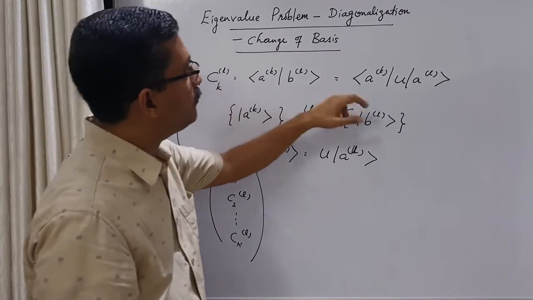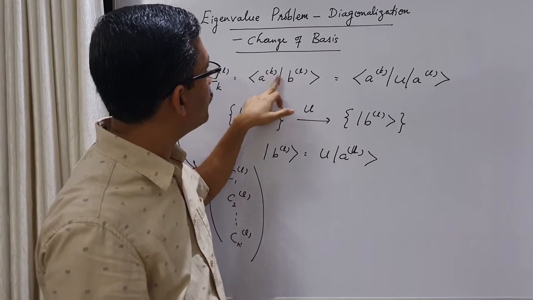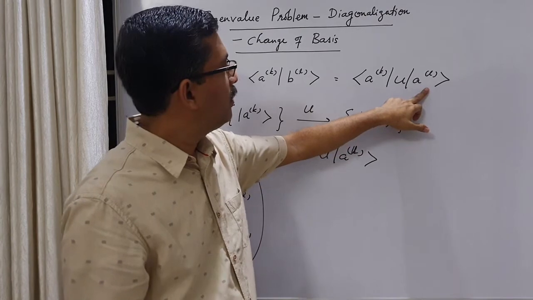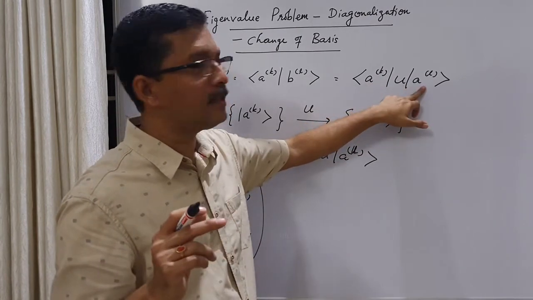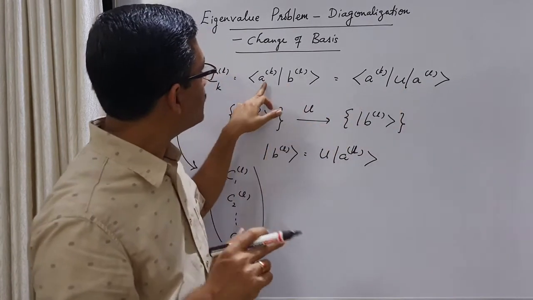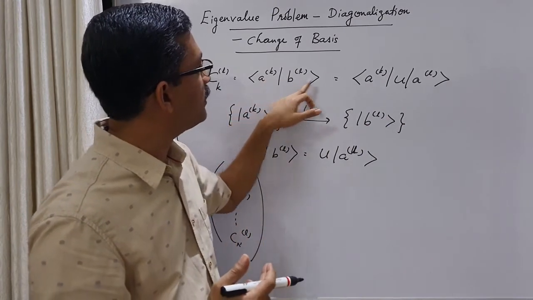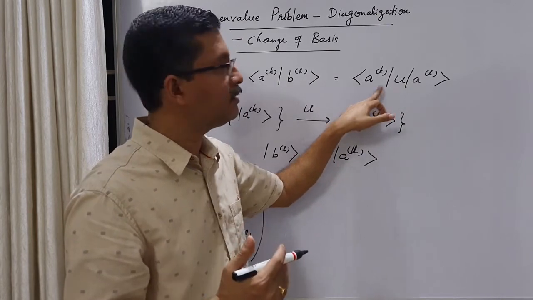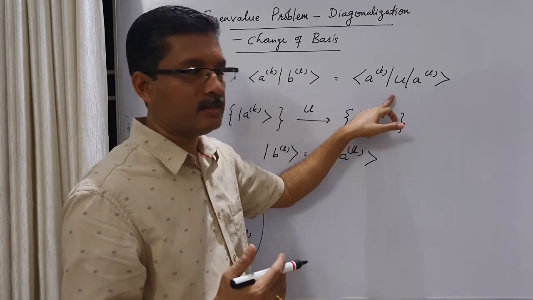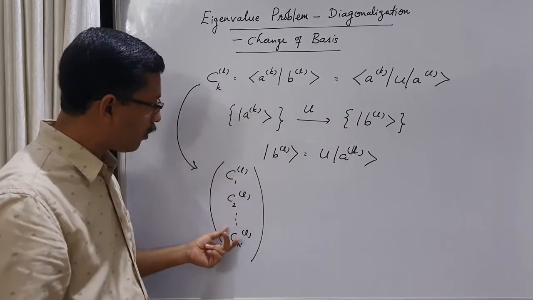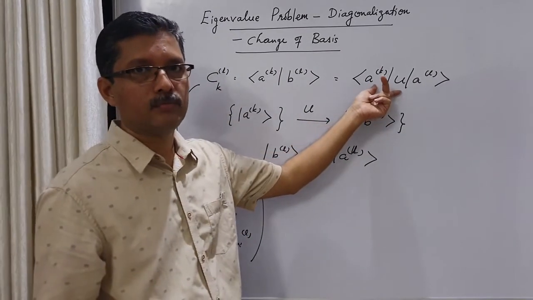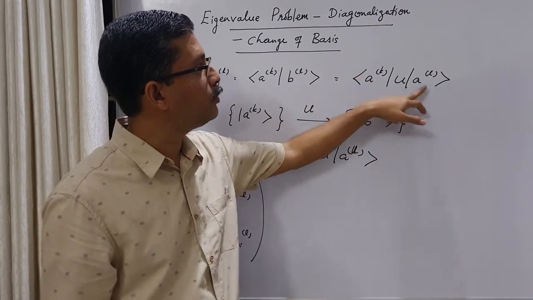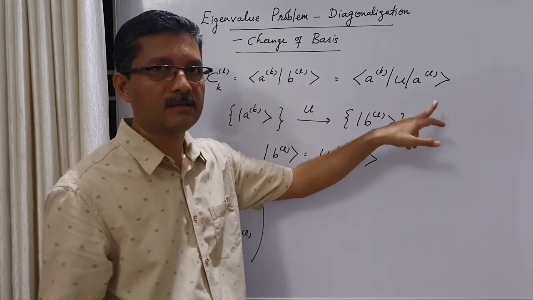See, when you take the first component of the Lth eigenvector, you get <a_1|U|a_l>, the first element in the Lth column of U. When you take the second component of the Lth eigenvector, you get <a_2|U|a_l>, the second element in the Lth column of U. So basically this will constitute the Lth column of U. If you write down the Lth column of U, the elements are <a_1|U|a_l>, <a_2|U|a_l>, and so on.